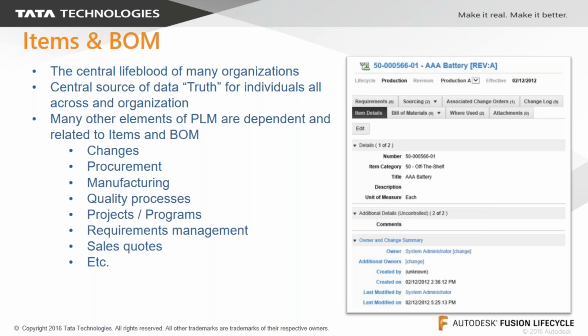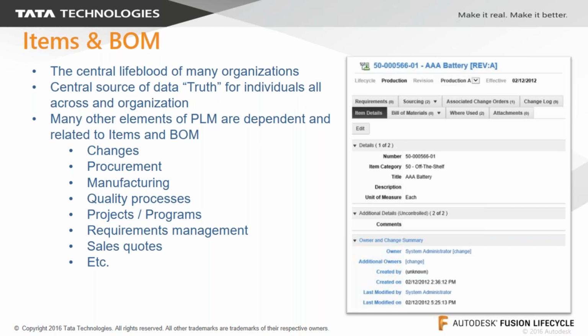Quality management is always referring to the quality of those items. Then project and program management, the overall management of a project or a program typically needs to be tied to the delivery and development of the items, the bill of materials for that project or process.